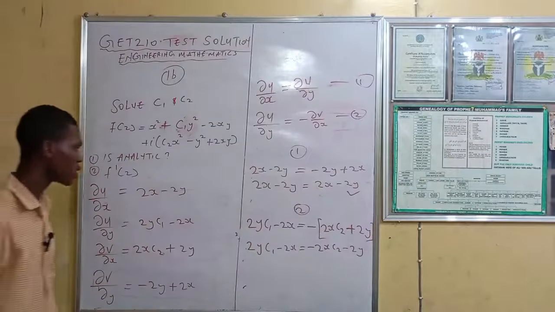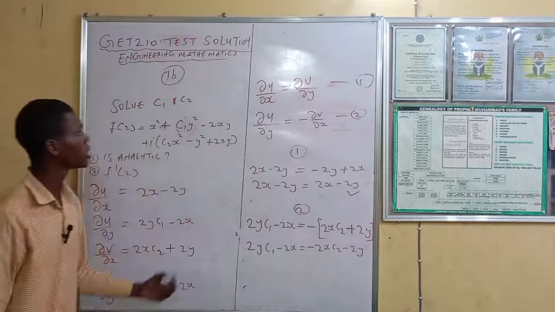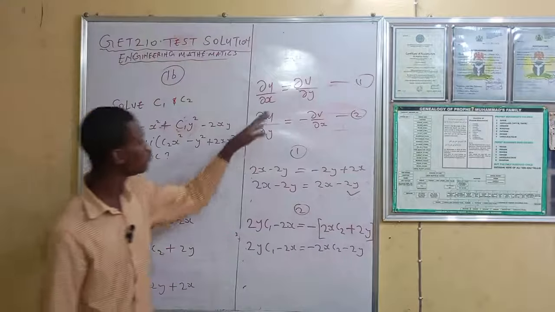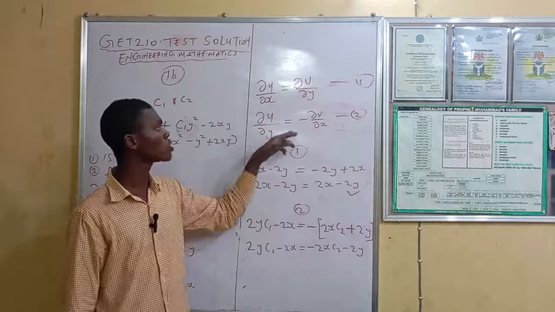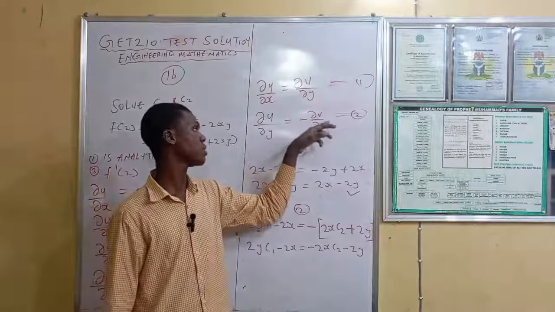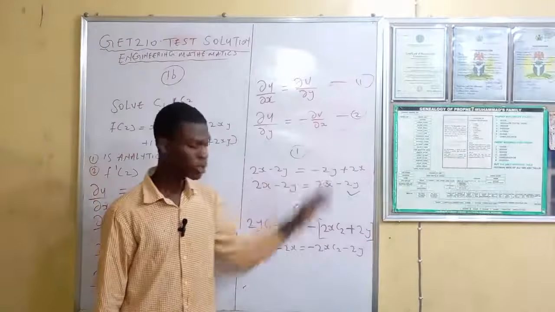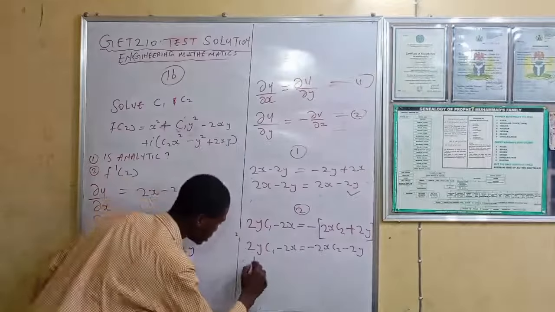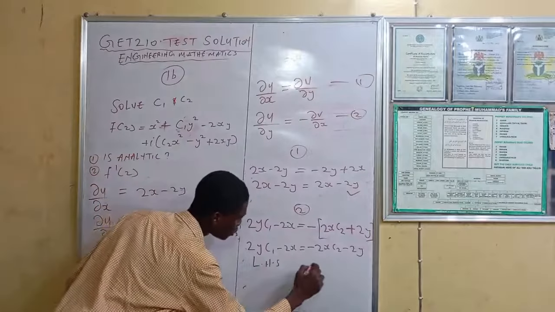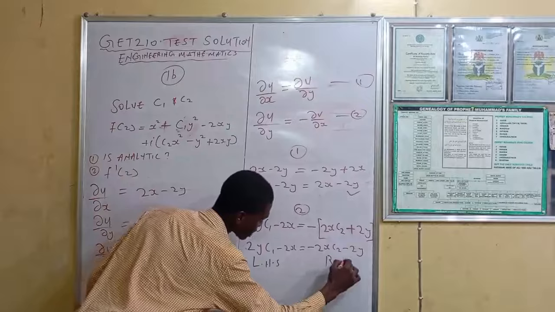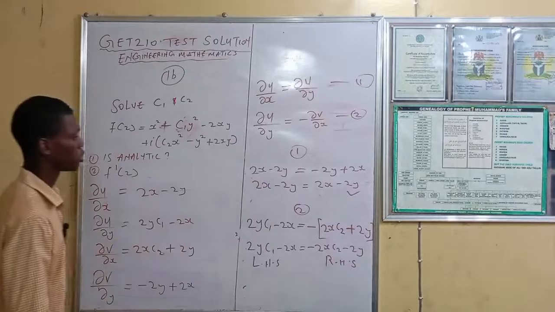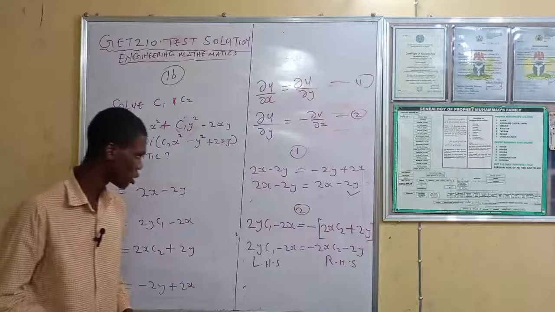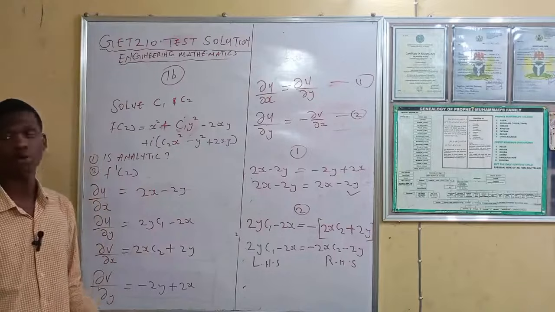Then from here, we said that the partial derivative of u with respect to y must be equal to the negative partial derivative of v with respect to x. So let's compare the left hand side and the right hand side of the equation. Are they equal? No, they are not equal.